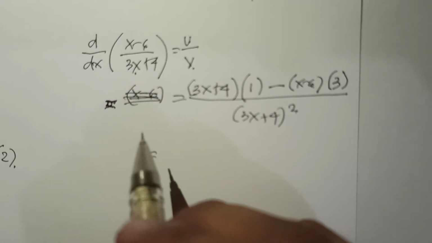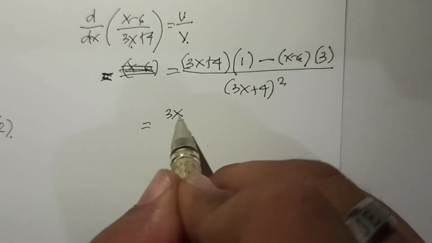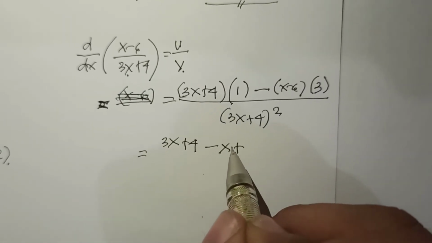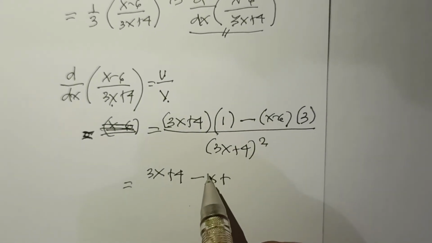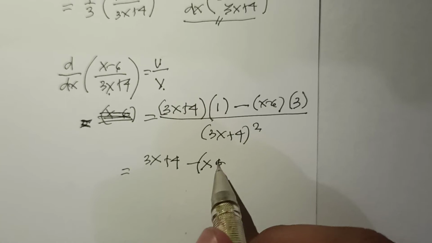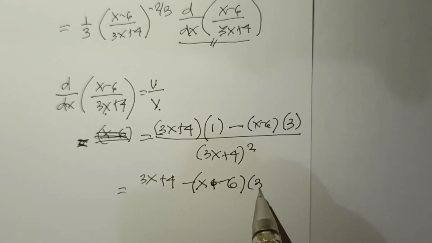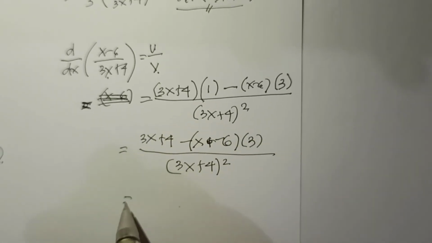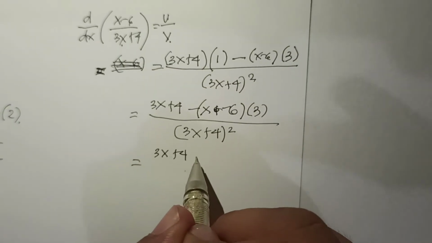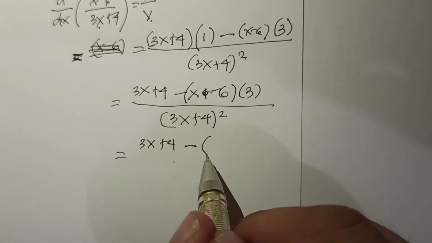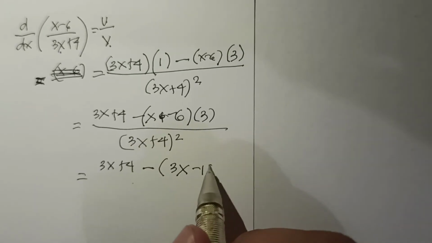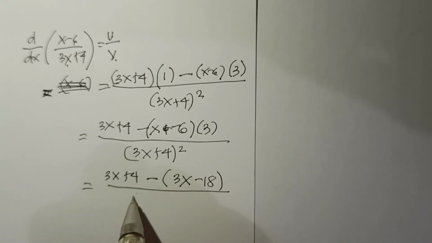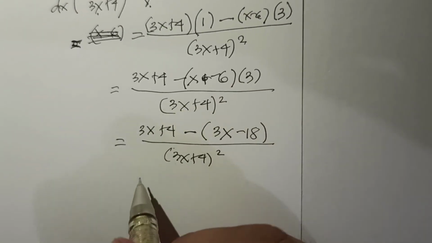So next, we have to apply. So this will become 3x plus 4 minus x plus, hindi pala. We have to multiply first. So this is x minus 6 times 3 over 3x plus 4 squared. So we have 3x plus 4 minus 3x minus 18 over 3x plus 4 squared.